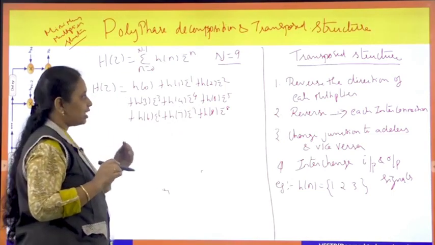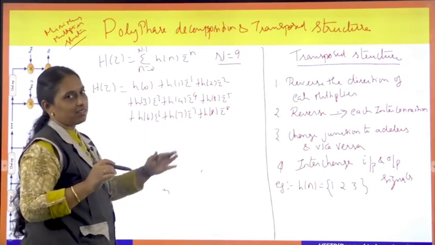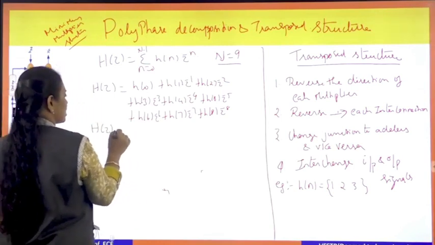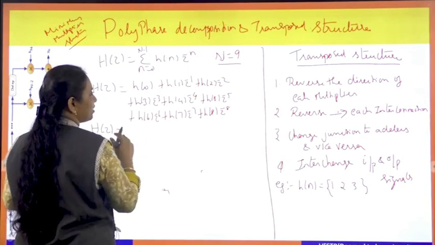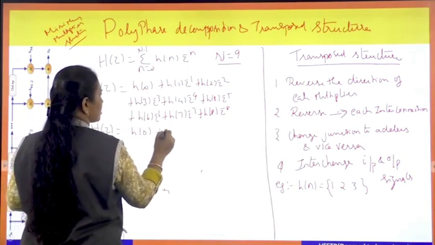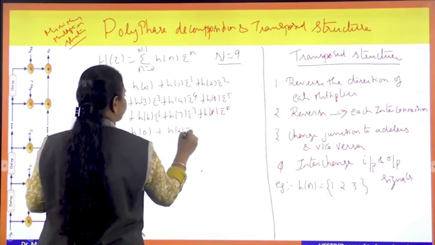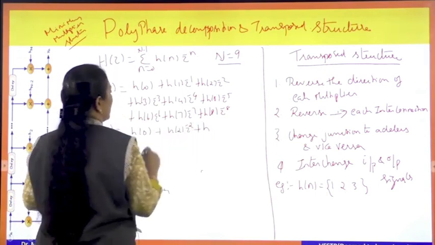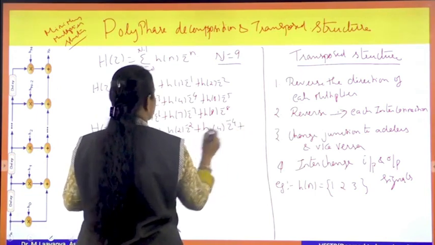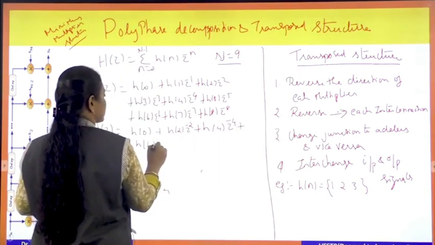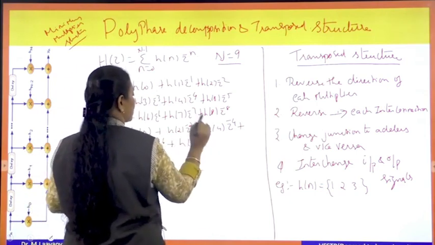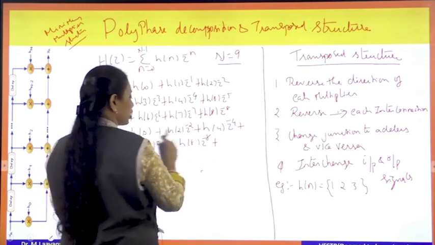Now you take the odd powers separately and even powers separately. So what I will have is h of z is equal to, I will take even and odd separately, so even will become h of 0 plus h of 2 plus h of 4 plus h of 6 and h of 8 plus, I am going to split it.